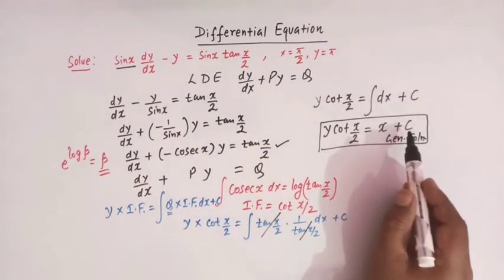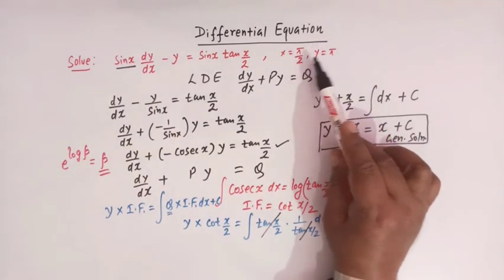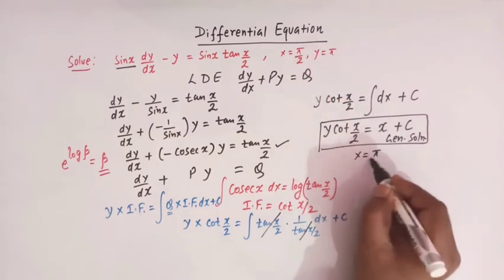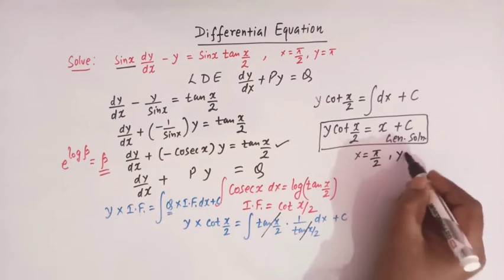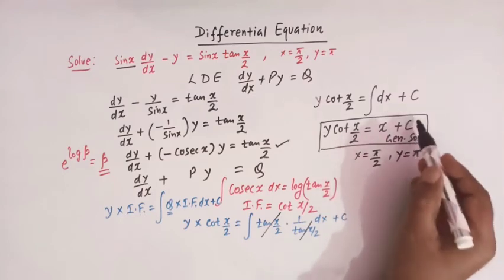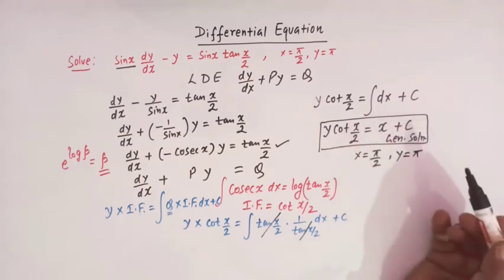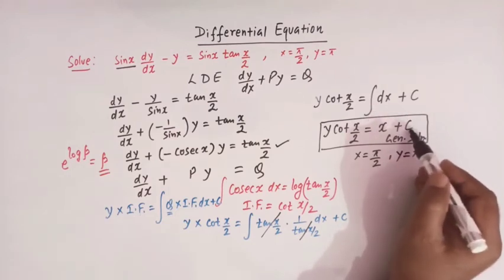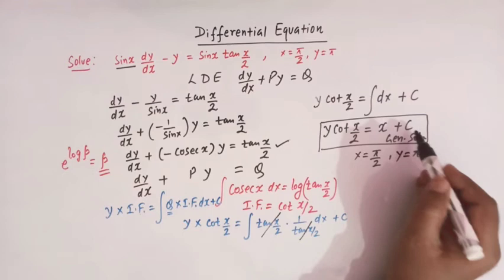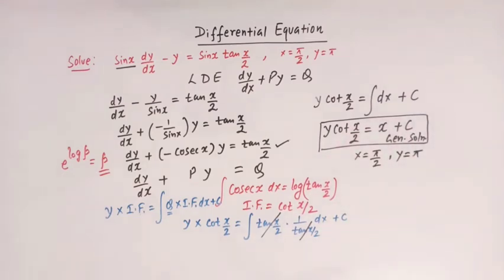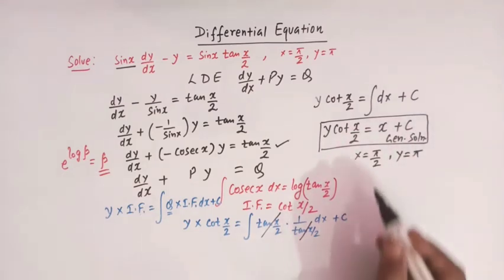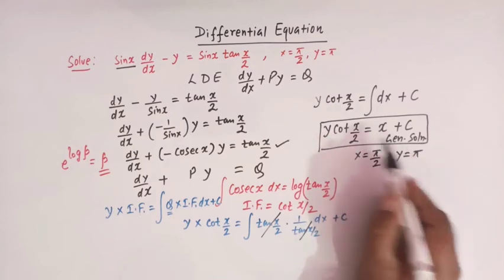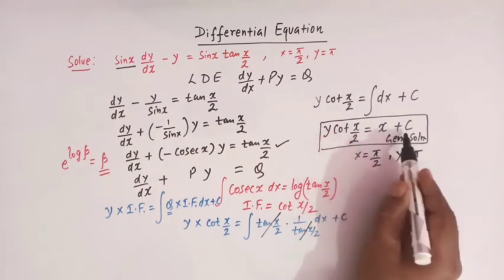Now we have to make use of the boundary condition, that is x equals pi by 2 and y equals pi, in order to find the particular solution, and here to find the value of c, where c is the constant of integration. So we'll put x equals pi by 2 and y equals pi in the general solution.